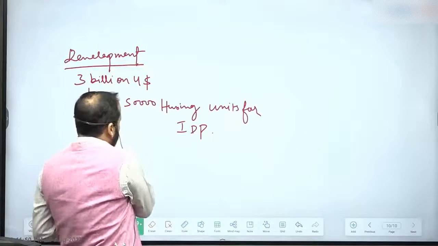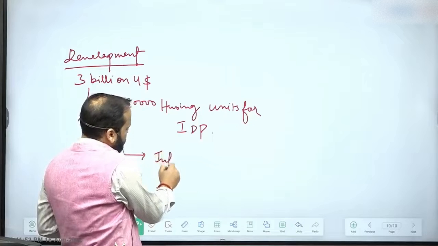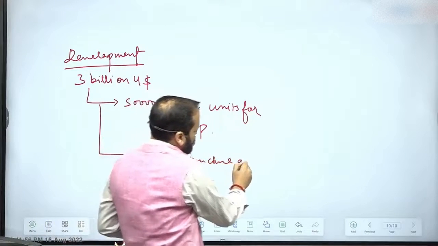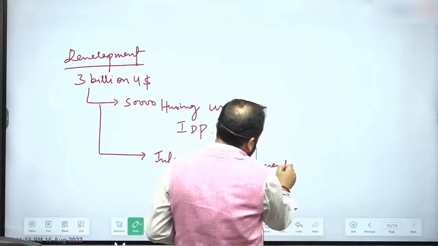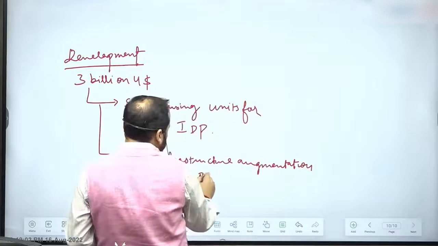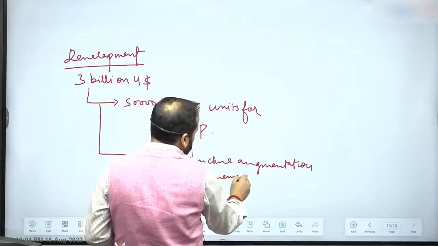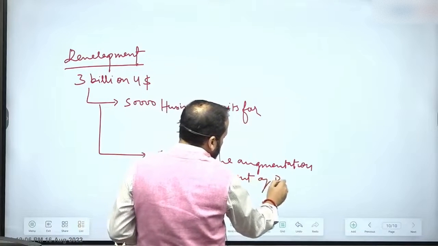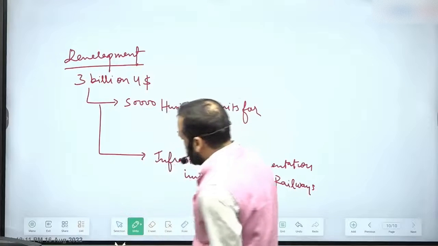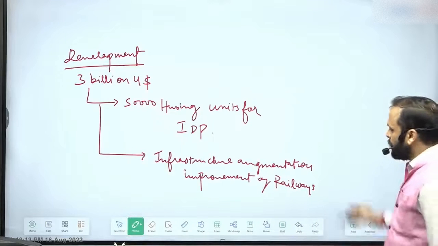Similarly, the money went to infrastructure augmentation. So for example, improvement of railways in Sri Lanka. So that is where you find money is going.